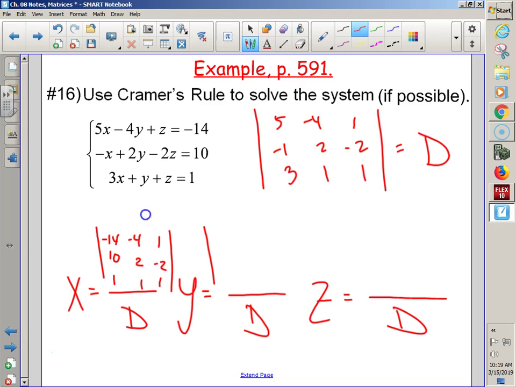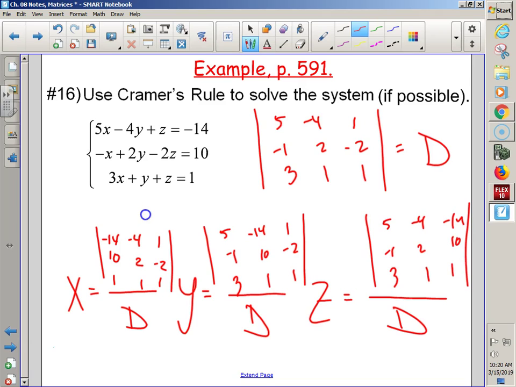For y's, who are you taking out? Not him, right? But what goes next? What's my next column? There you go. We take out the y's and we put in the solutions, and then you have your 1, -2, 1. And then what would this guy be? Then bring in. There you go.